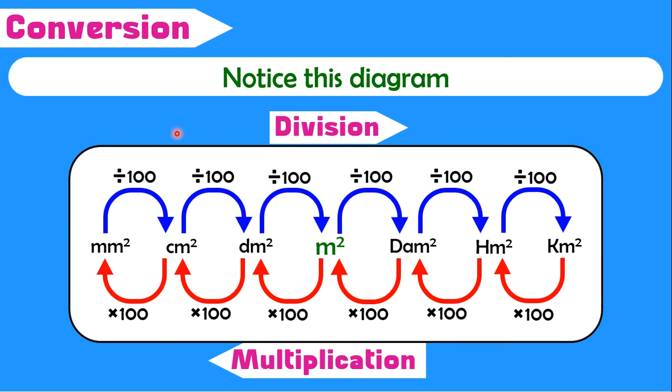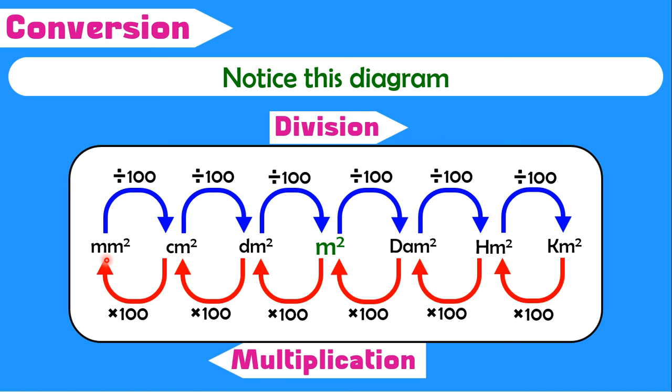In other words, as we move from a small area unit to a large area unit, we do division. If we go from the largest area unit to the tiniest area unit, we do multiplication. But the value here is 100.